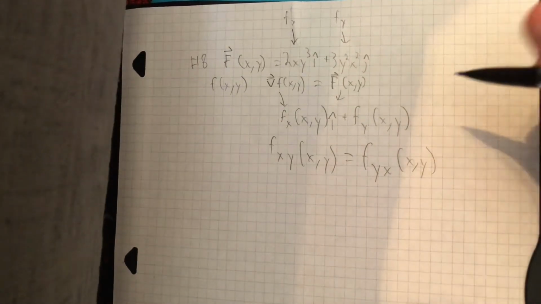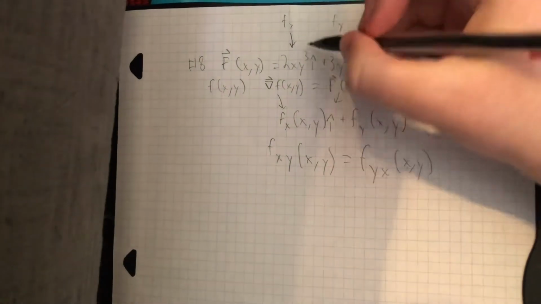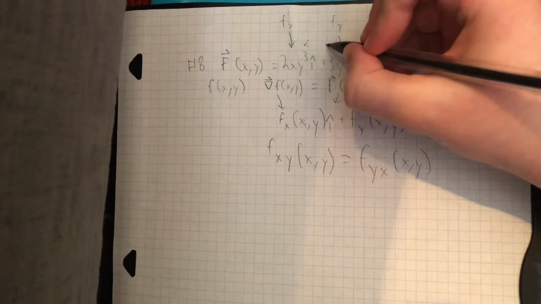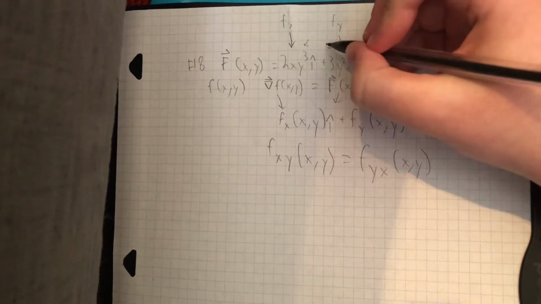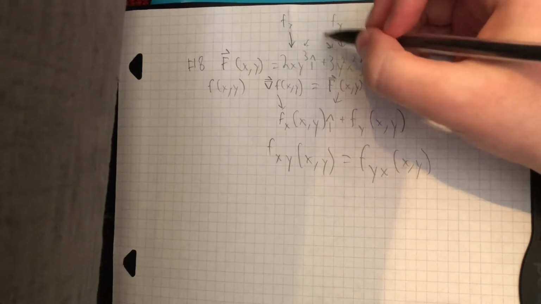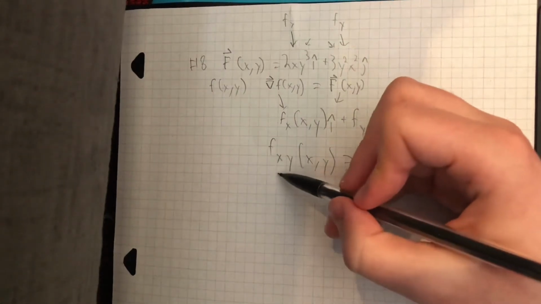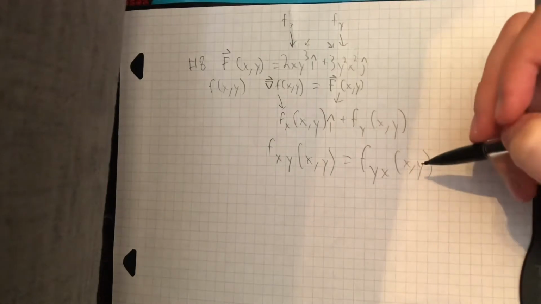Which means if we take the partial derivative with respect to y of this term and the partial derivative with respect to x of this term, then if there is a potential function, those are going to be equal because they will be these interchangeable second partial derivatives.